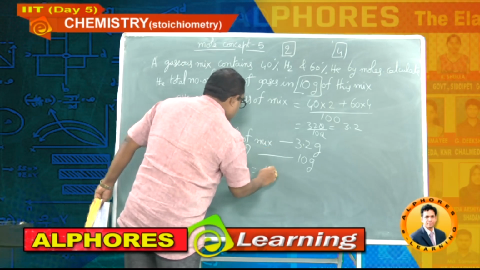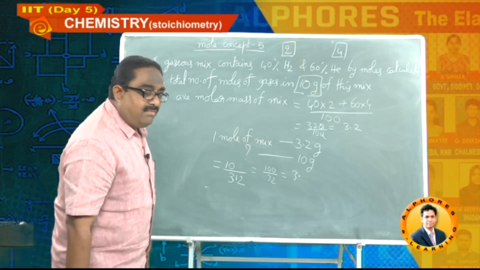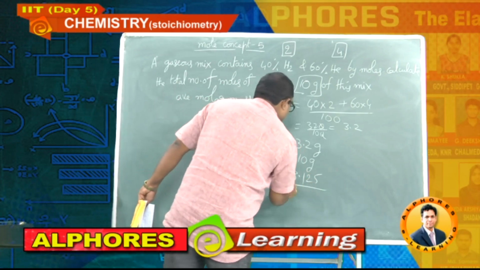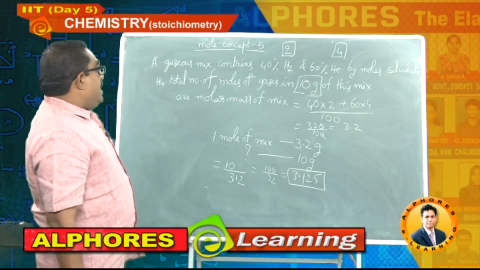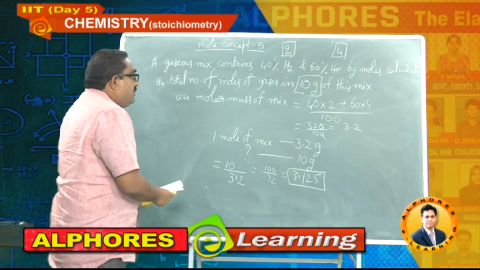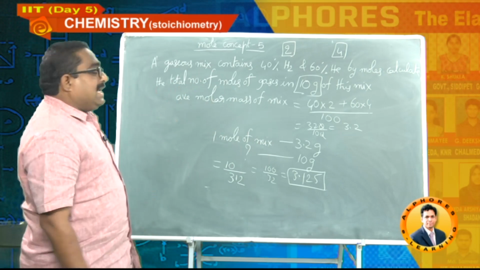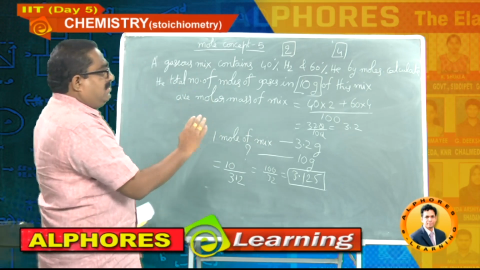That is 100 by 32. 3 into 32 is 96. 4 left, 40. I think 3.125. This is the answer for the number of moles of both the gases together present in the given gas mixture. This is a different approach.